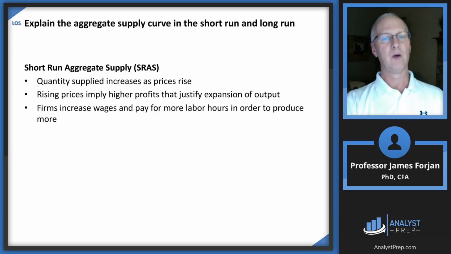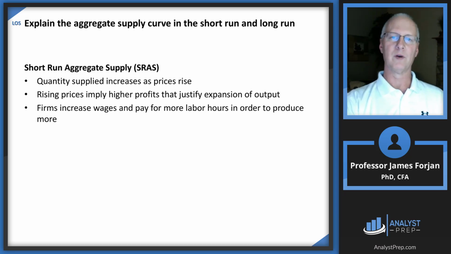But as of now, those games seem to be holding steady at $59 a game. Rising prices, of course, imply higher profits. And ultimately, think about what this says. Firms will increase wages in order to produce more. Yes, that's the traditional economic sense. Here in the United States, sometimes we see that, sometimes we don't.